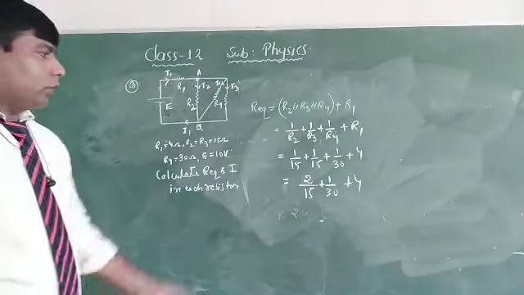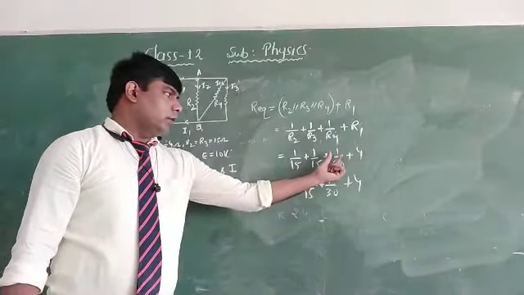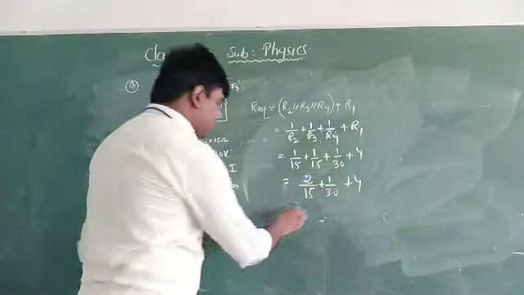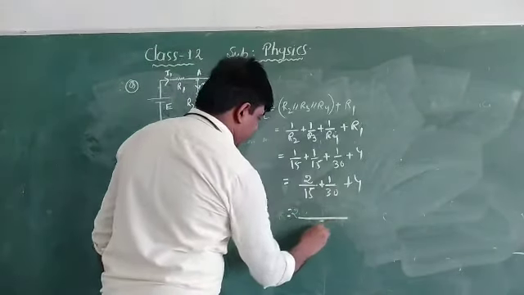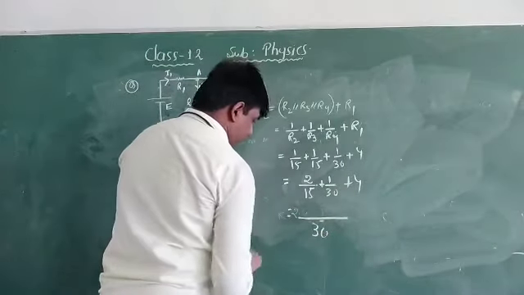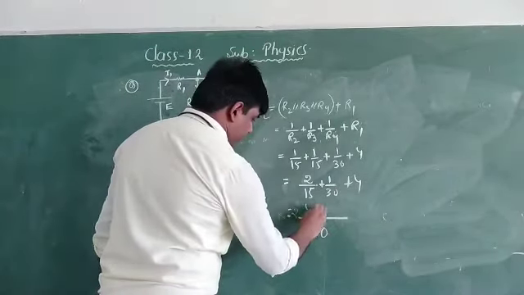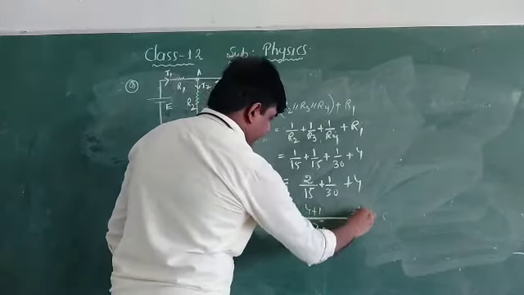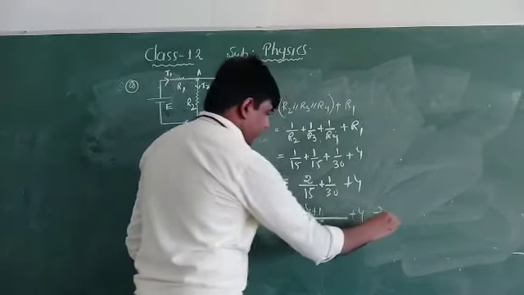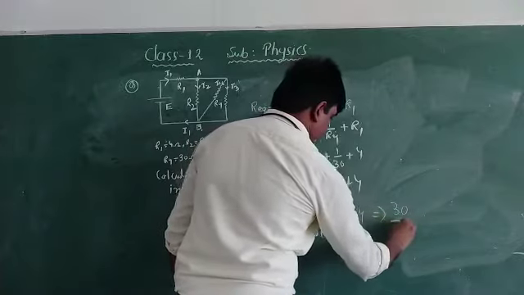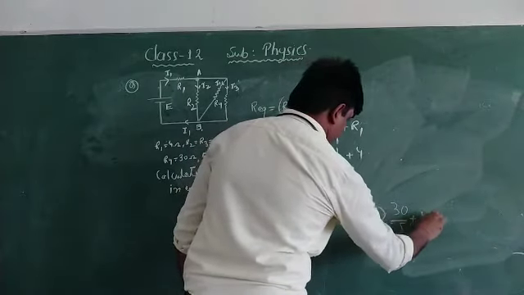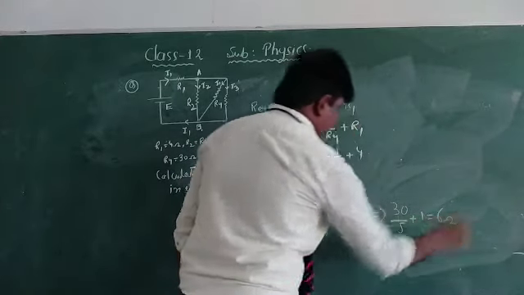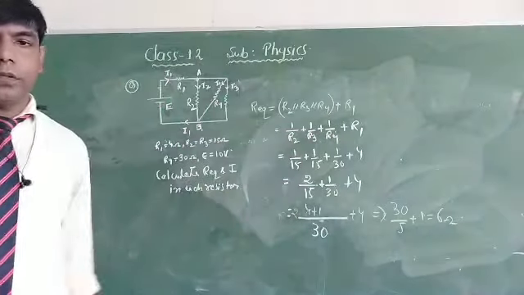Right? Just simplify this, then 1 by 30. In a parallel combination, we have to just reverse.